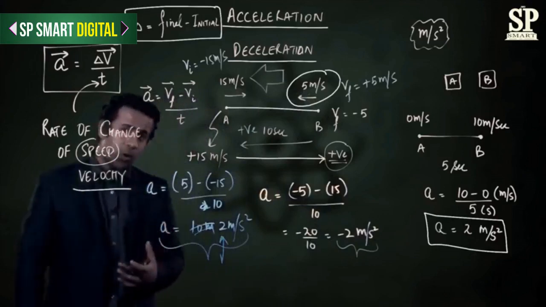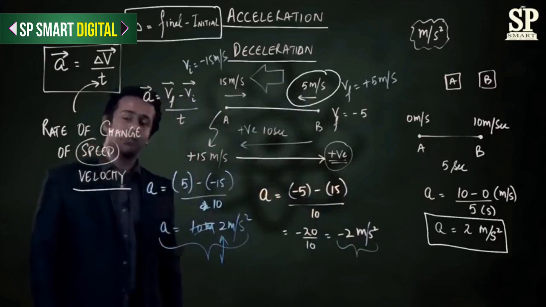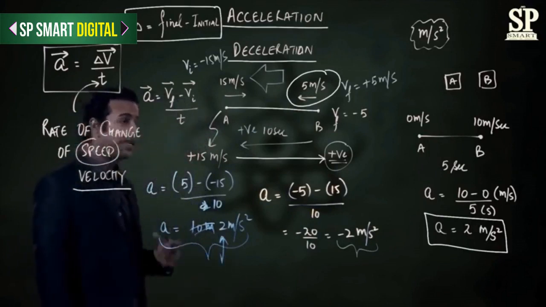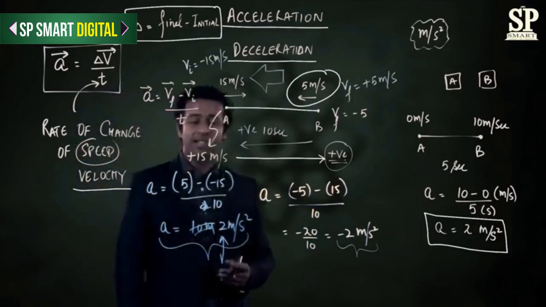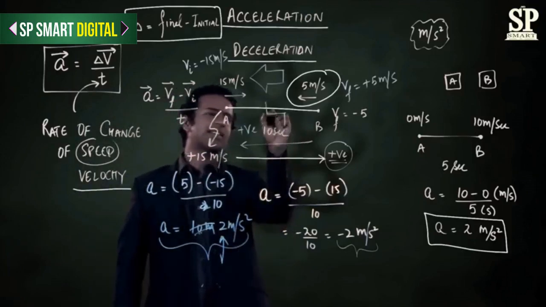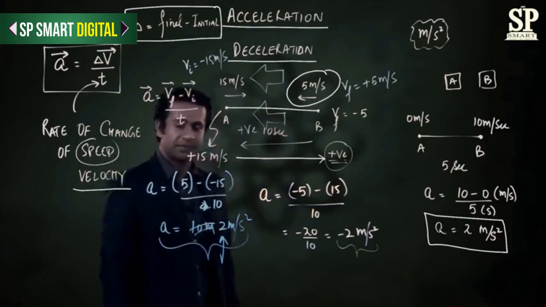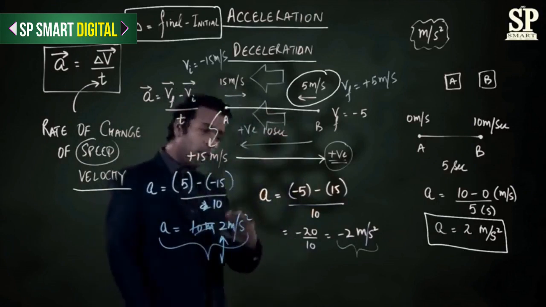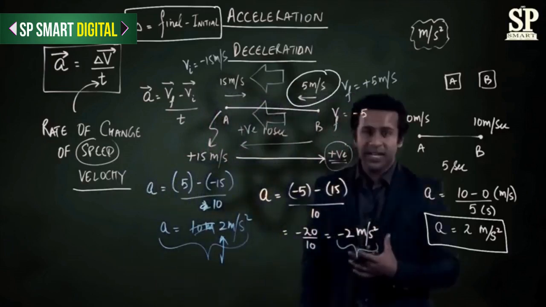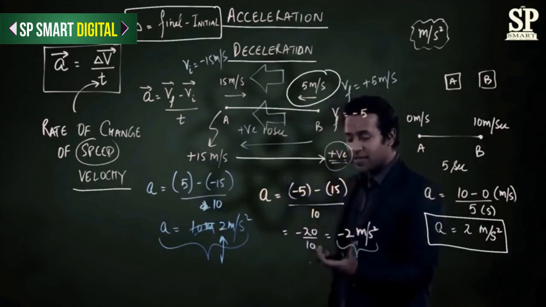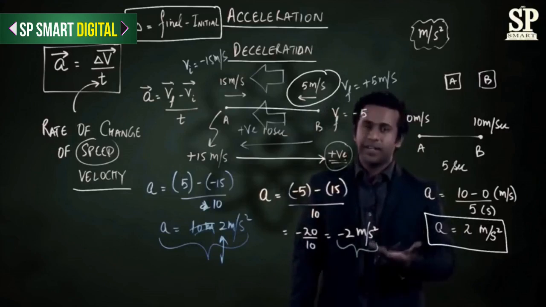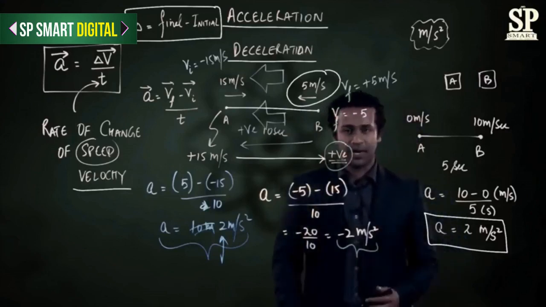In the second case, when we chose the opposite direction as positive, we got our answer as plus 2. So that means that the acceleration is in the direction that we have taken as positive, which tells us that the acceleration should be in this direction. So you see, in both the cases, though the sign of our answer is different, the interpretation remains the same. It gives us the same magnitude, the opposite sign, but still, when you interpret it, you get the same result.